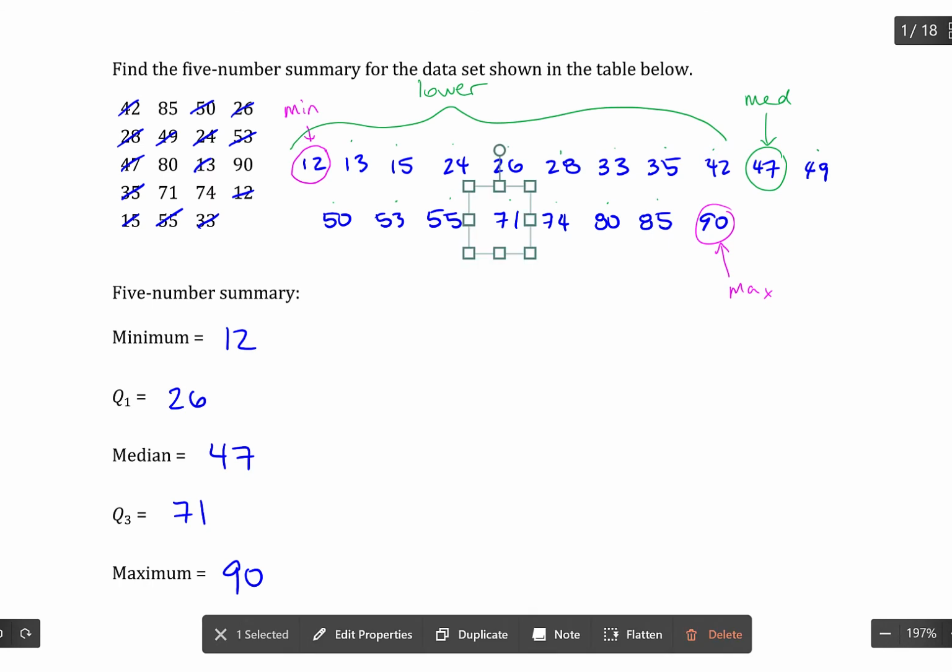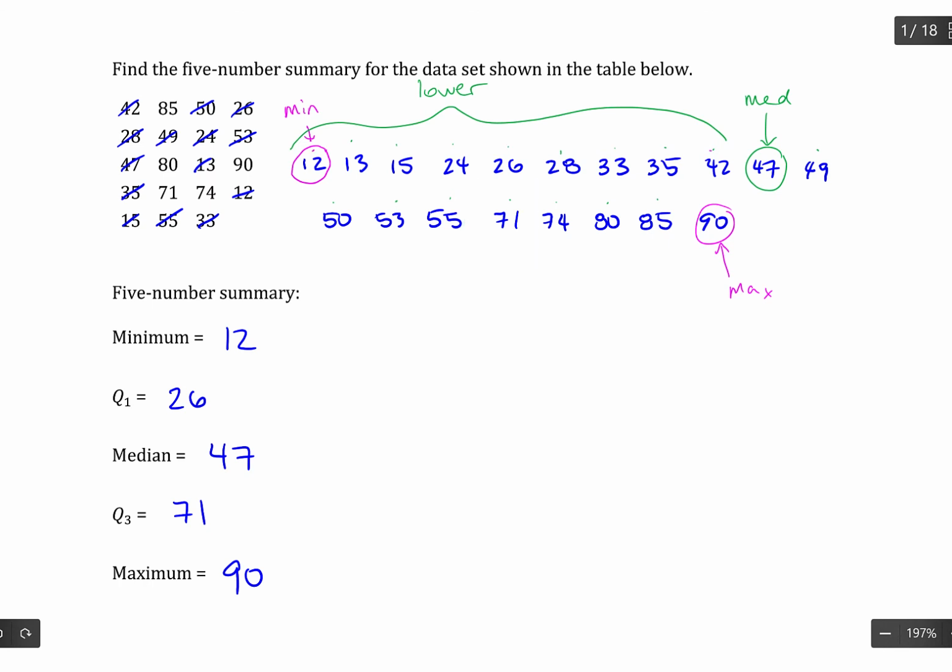So if I just start from the outermost values and walk my way inward, then that gives me the value of the median of the lower half, and that is the value of Q1. And then the same thing for the upper half. If I walk my way toward the center there, that's going to give me the median of the upper half, which is the value of Q3.